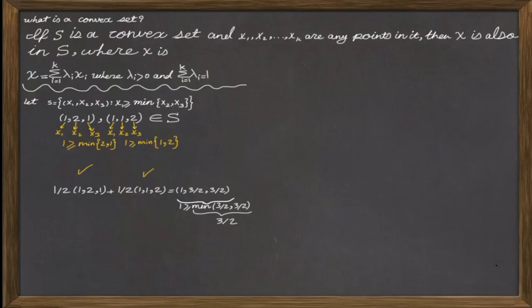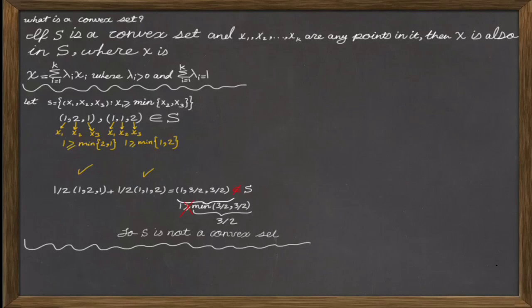Please note that this is enough for us to conclude that S is not a convex set, whereas if this point belongs to space S, this is not enough evidence to conclude whether S is a convex set or not. Now, since the condition is not satisfied, we conclude that this point doesn't belong to space S, and hence S is not a convex set.